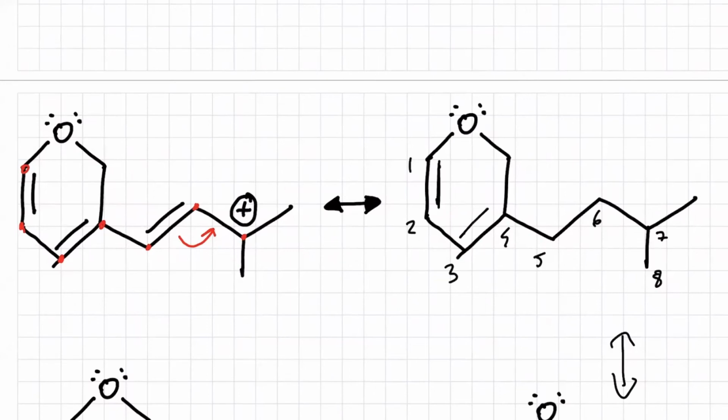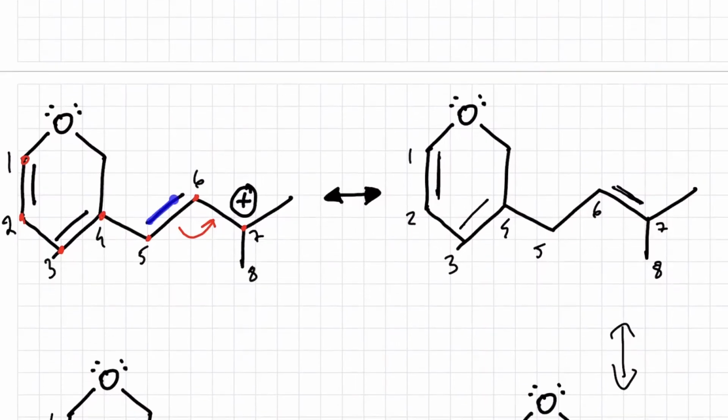So we're gonna keep this one. Oh, no, we're moving this one here. But this time, remember, guys, if we're gonna move this bond here, then carbon 5 will lack one electron, so it will have a positive charge.